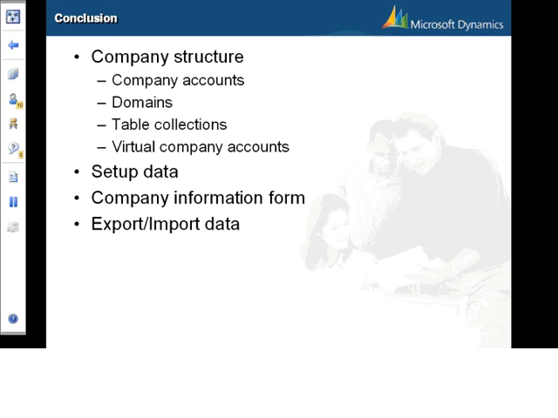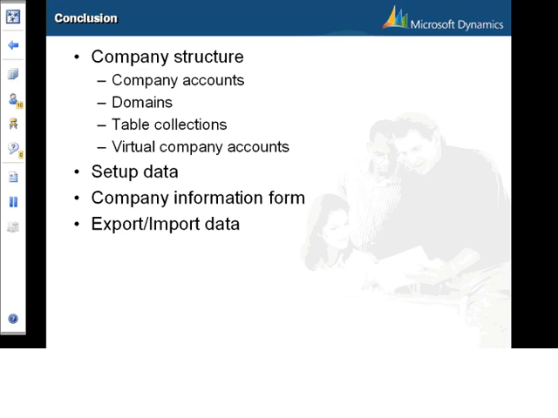This includes company account, domain, table collection, virtual company accounts. General company information tables were then set up to have data available to complete the company information form. This includes address formats, countries, regions, states, counties, zip postal codes, and number sequences.